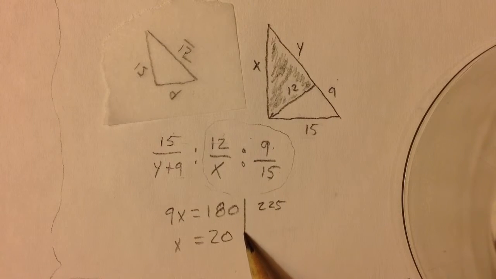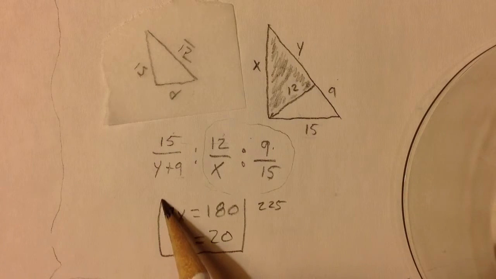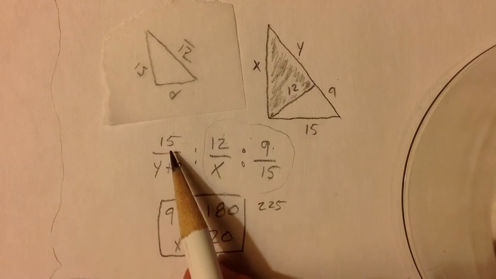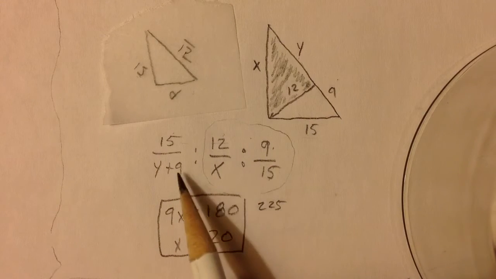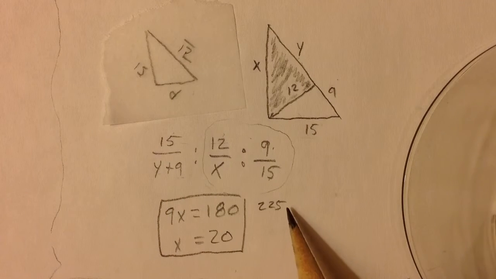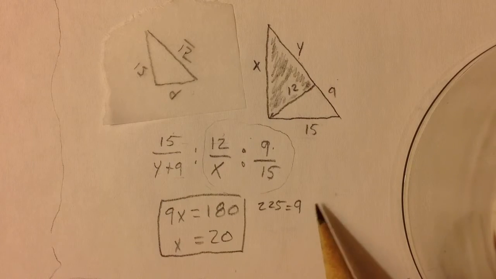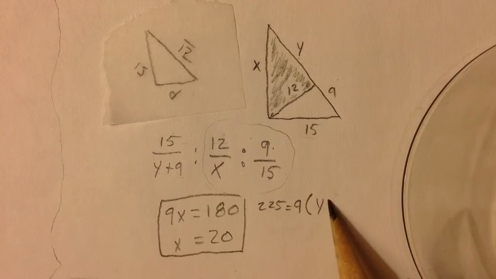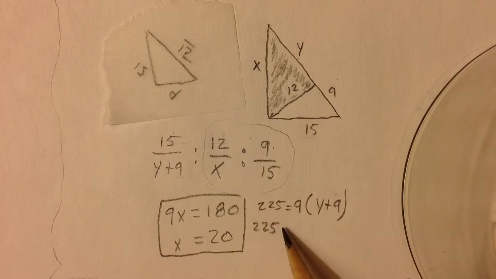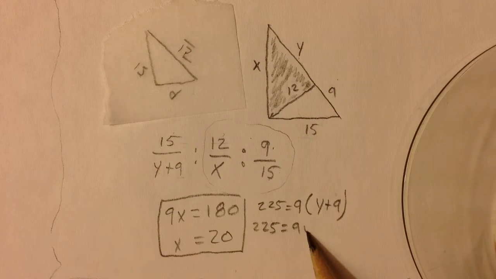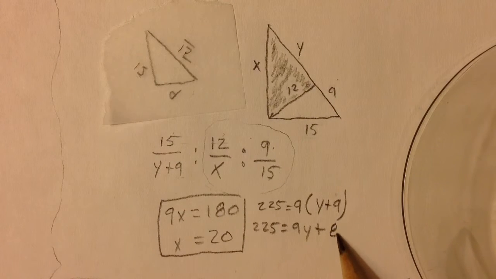Let me put a box around this so we know that's separate. Then I'm going to take 9 times y plus 9. So I have 225 equals 9y plus 9 times 9, 81.